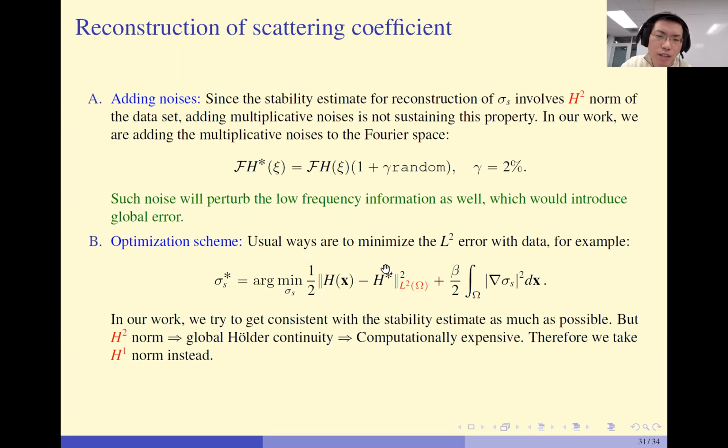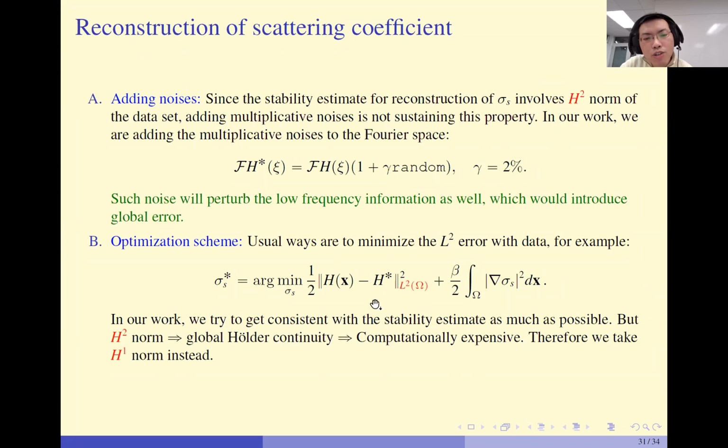For the reconstruction, we use numerical optimization, and we added regularization. Normally people use the L2 norm to minimize the discrepancy between the simulated data and the true data. Here, because we have the requirement that the H2 norm should be bounded for the data, we need a little bit more on this part.